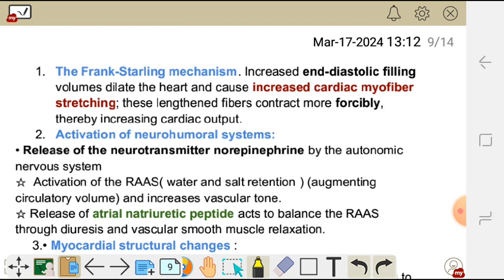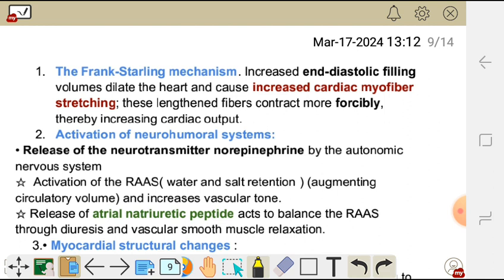Angiotensin 2 will stimulate the adrenal gland to release aldosterone, which will cause sodium retention, and where sodium is retained, water also will be retained in the blood. Once water is retained, the volume will increase, thereby compensating for the problem, and that will increase vascular tone.